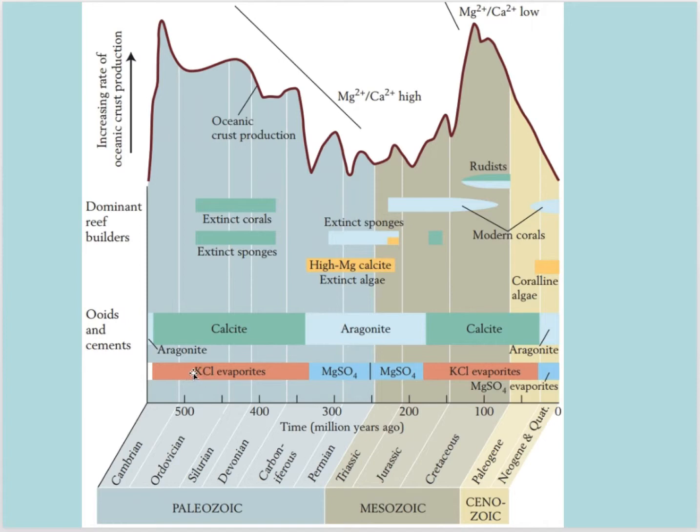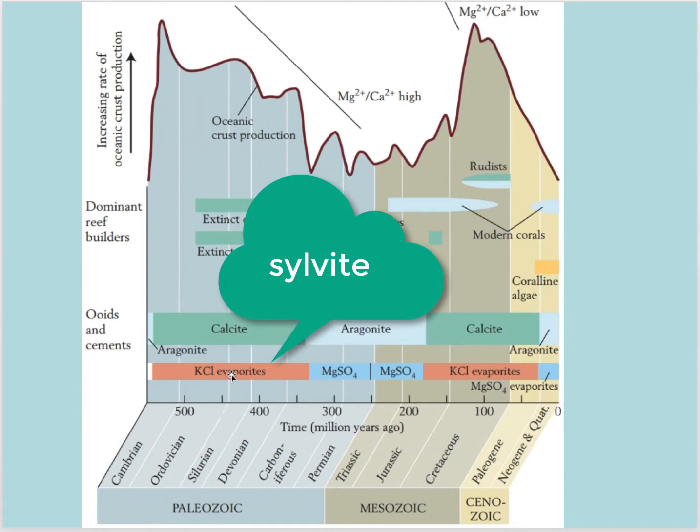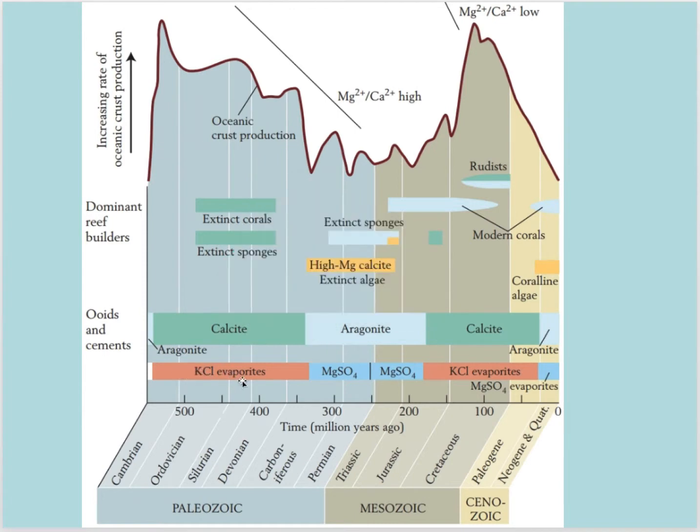So we see potassium chloride, which is a mineral called sylvite. So we get these potassium chloride evaporites developing here. So again, during most of the Paleozoic here, and then into the Cretaceous, and a little bit into the Paleogene here. But today we're back to the magnesium sulfate, the gypsum forming.